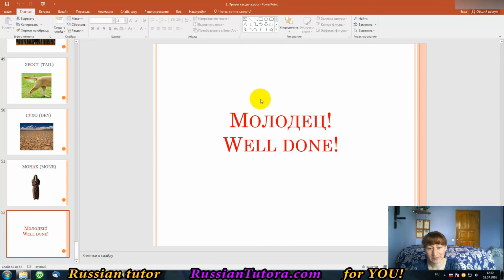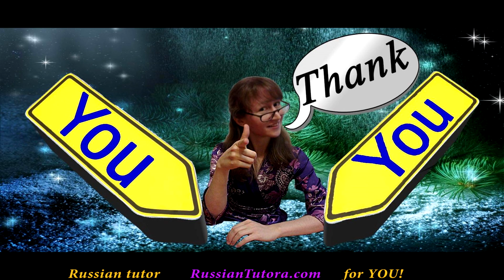Well done. So these were the first two groups of Russian letters. There is another group, the third group, the letters that cannot be found in the English alphabet. But we will look at them in our next lesson. And now I'm telling you до свидания and спасибо. Thank you.